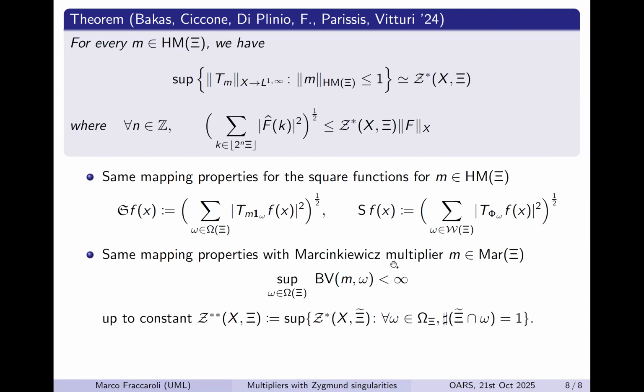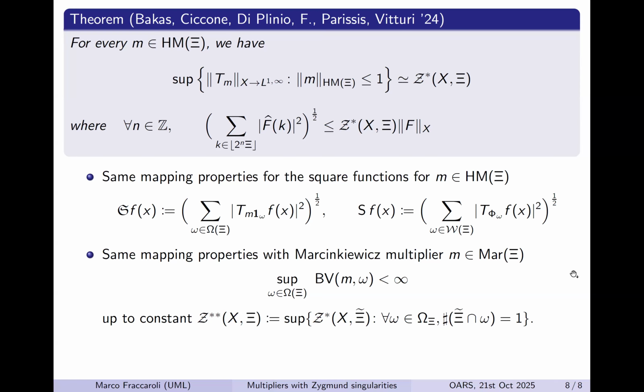So the class of Marcinkiewicz multipliers is richer than Hörmander-Mihlin multipliers, and this has an effect in that you have to slightly update the multiscale Zygmund constant, but in a very reasonable way.